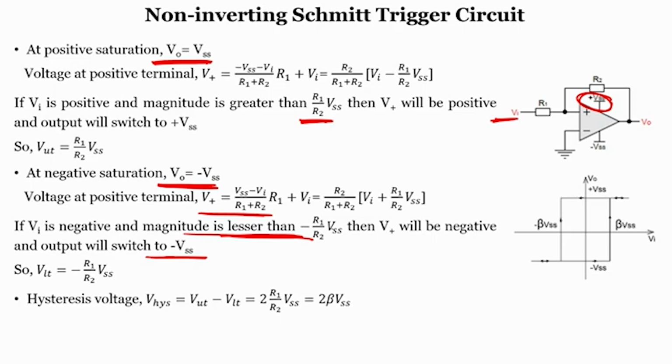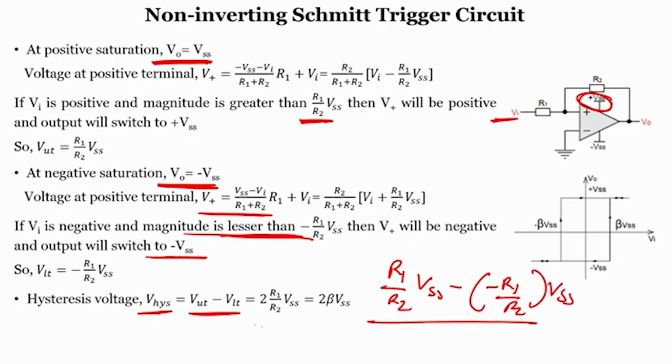So, in this case my upper voltage was VUT equals R1 by R2 VSS, my lower voltage is minus R1 by R2 into VSS. Thus, my hysteresis voltage will be V hysteresis equals VUT minus VLT. VUT is R1 by R2 into VSS minus minus R1 by R2 into VSS.